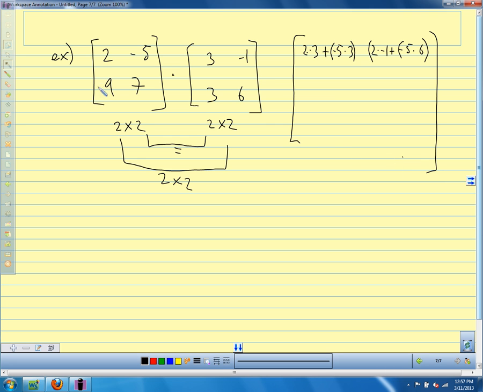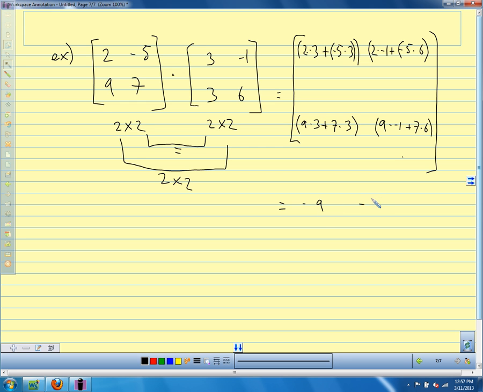Second row, first column: 9 times 3 plus 7 times 3. Second row, second column: 9 times negative 1 plus 7 times 6. And I add these up.